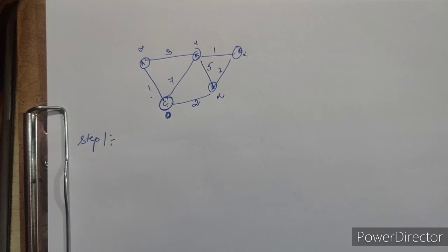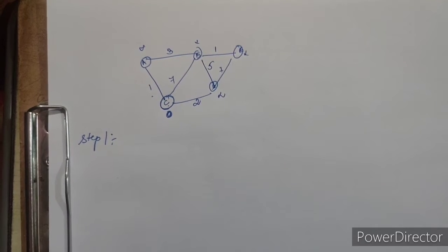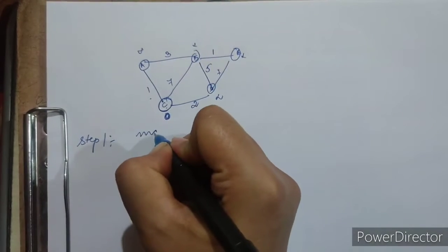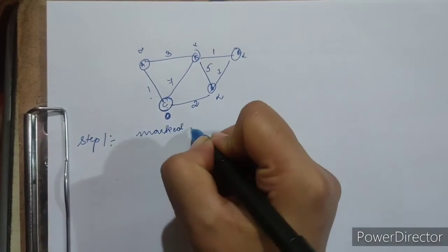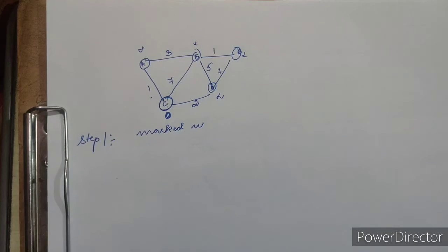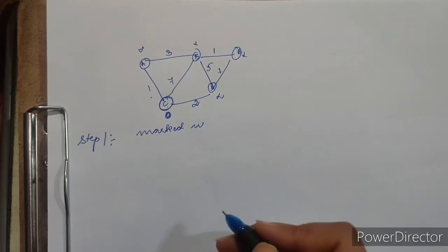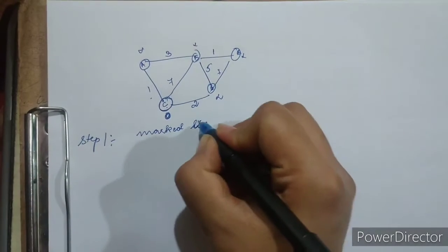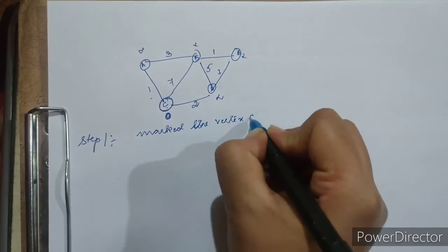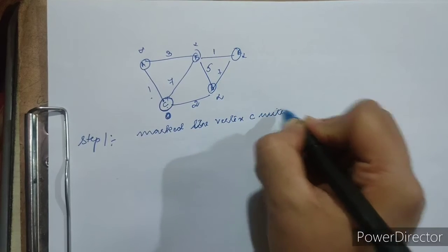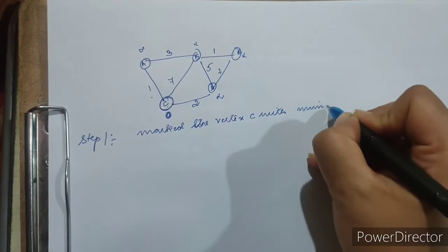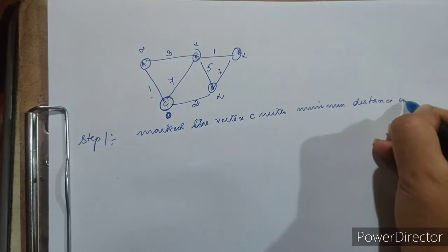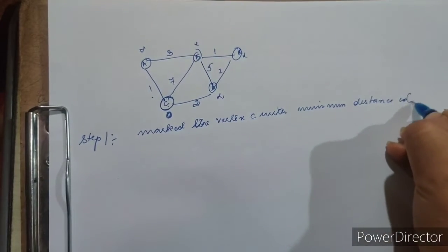Got it? So now next, we have to mark the vertex C with minimum distance 0.